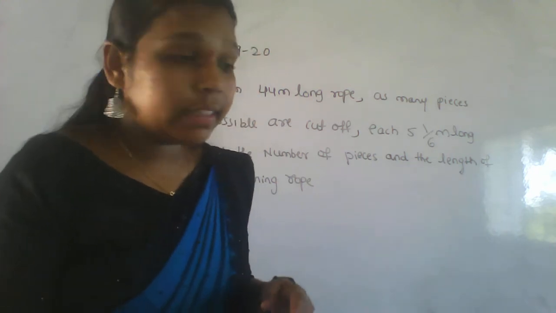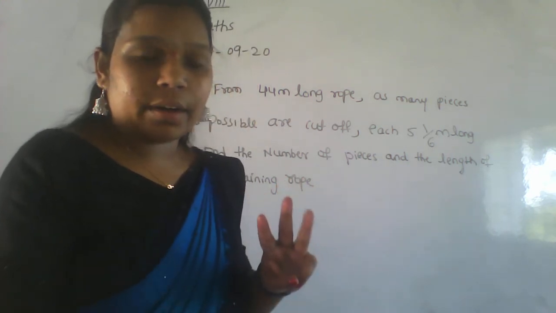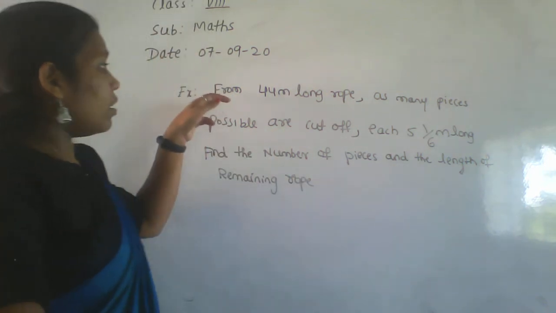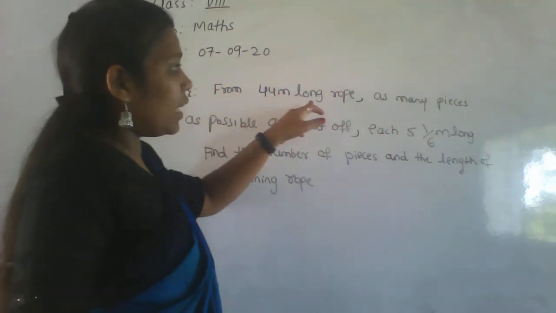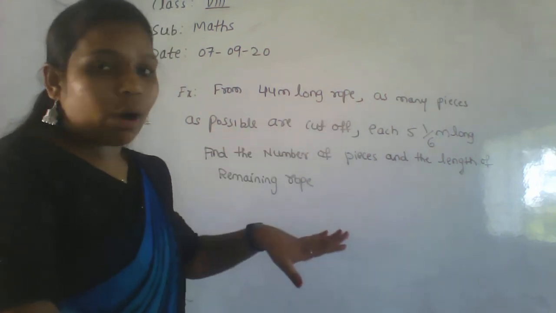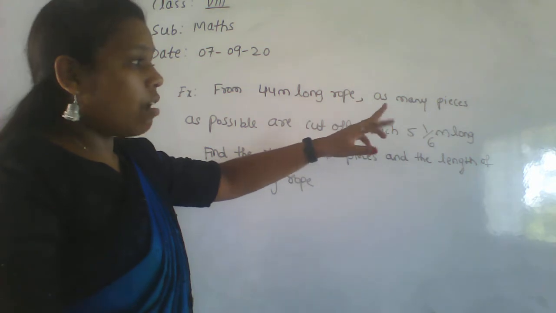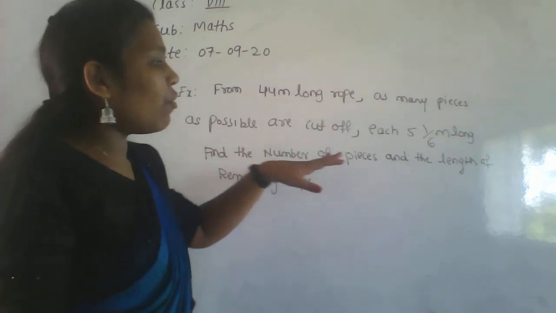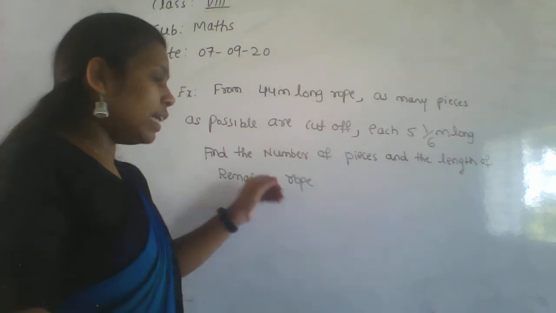Page number 18, example 3, this is the problem I am telling here. From a 44 meter long rope, as many pieces as possible are cut off, and each one is 5 integer 1 by 6 meter long. Find the number of pieces and find the length of the remaining rope.